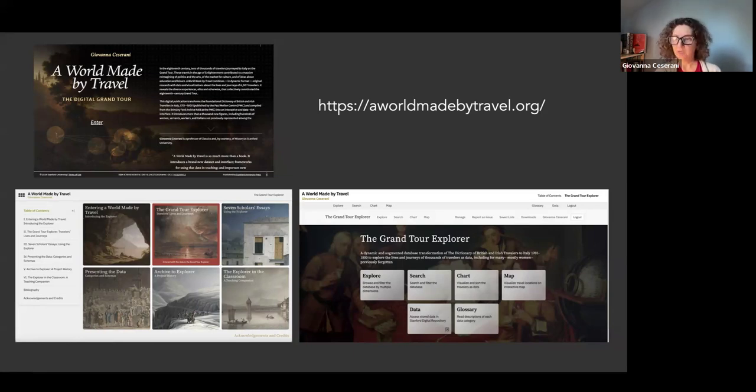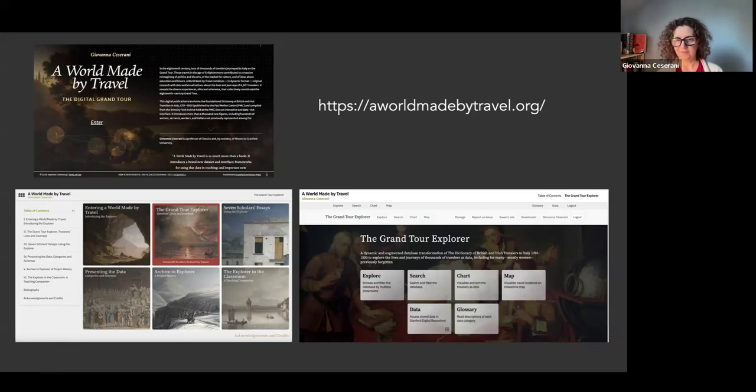travel to Italy. We actually do not know exactly how many people traveled. There is not an archive of the Grand Tour as such, but estimates put numbers for the British alone in the tens of thousands over the course of the 18th century.